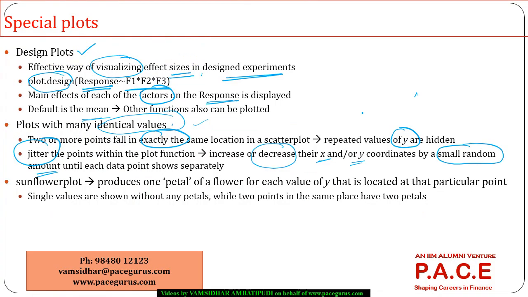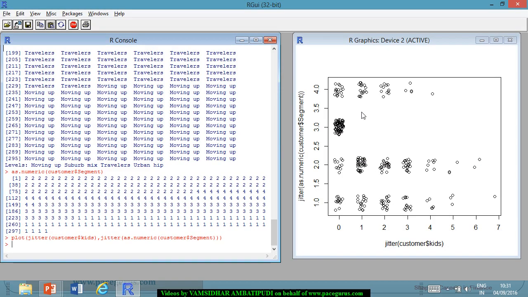Similar kind of a thing can be very well used for your sunflower plot as well. Even in the sunflower plot, you will do the same thing. You'll do a sunflower plot where you can give both of them. Customer segment, I think even this has to be numeric.